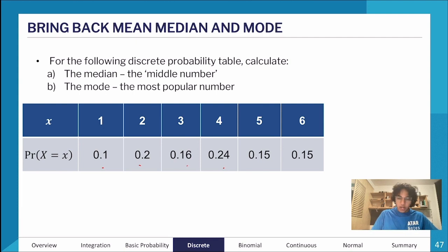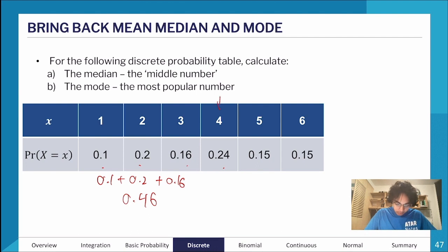The way I like to start is I start on the left and just keep adding until I get to 0.5. So I have 0.1 plus 0.2, which is 0.3, plus 0.16. So that's 0.3 plus 0.16, which is 0.46, sorry. And then I can add the 0.24, and that's going to be greater than 0.5, right? So clearly the median is between 3 and 4, but since I'm dealing with discrete variables, I can't have a thing between 3 and 4.